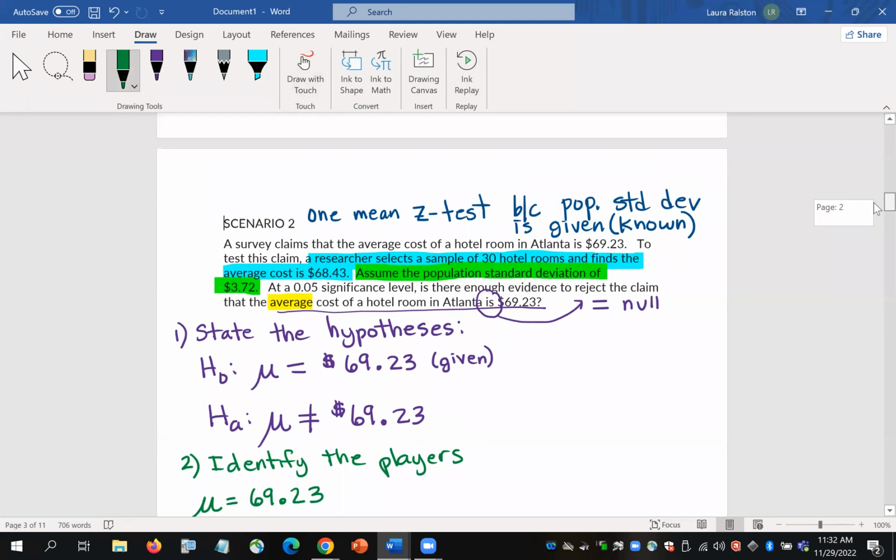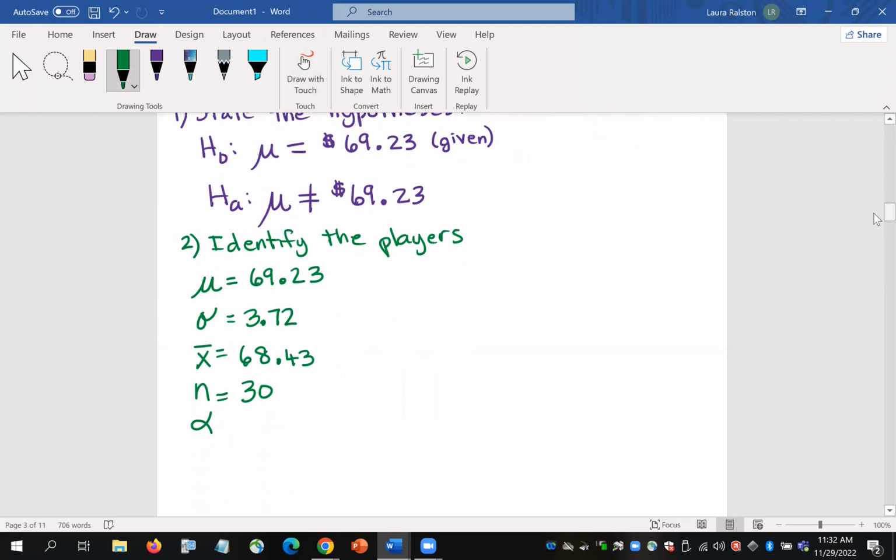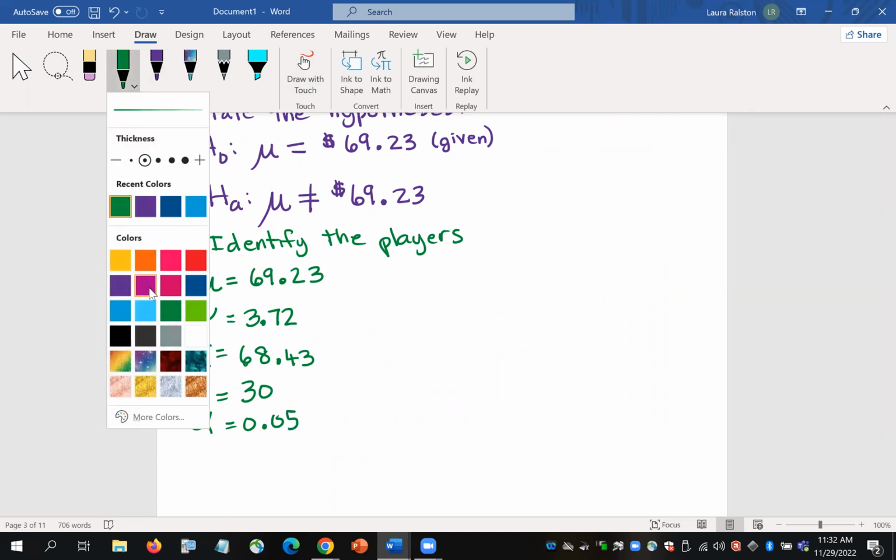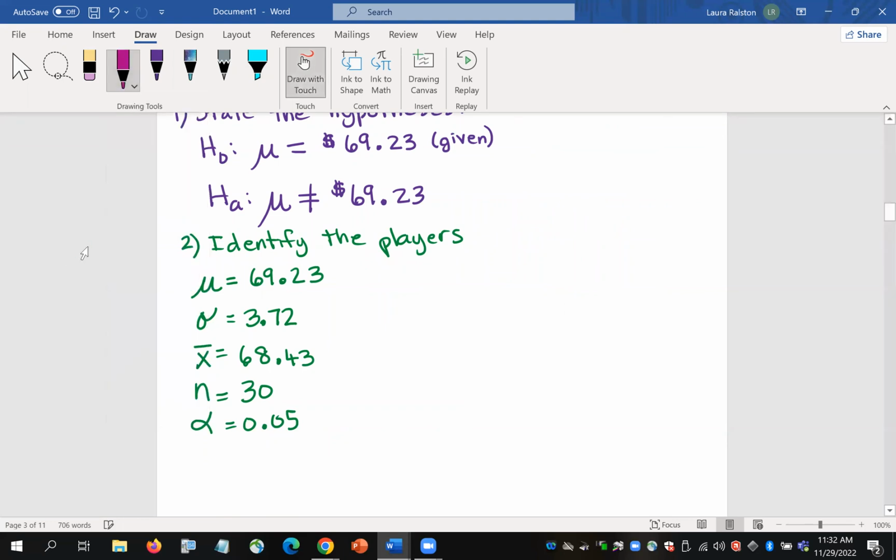And my level of significance is 0.05. It says at the 0.05 level of significance. Okay, so we have all of our information. Everything we need to work the problem is given in the scenario.